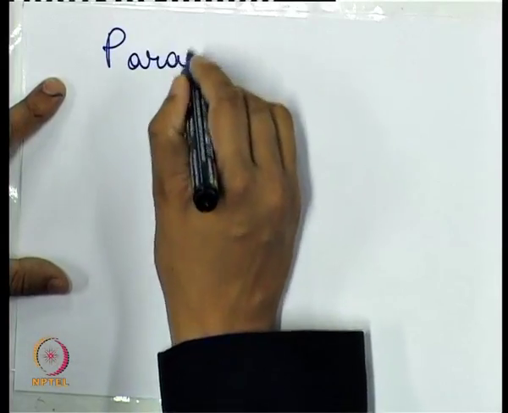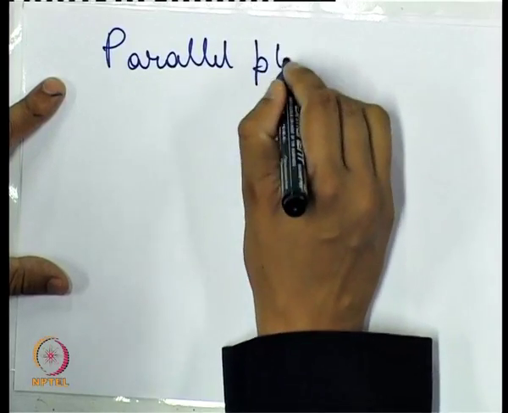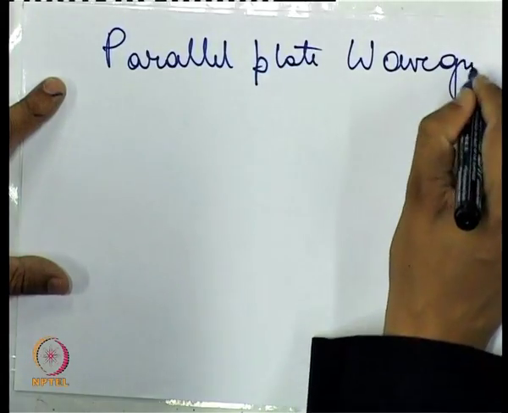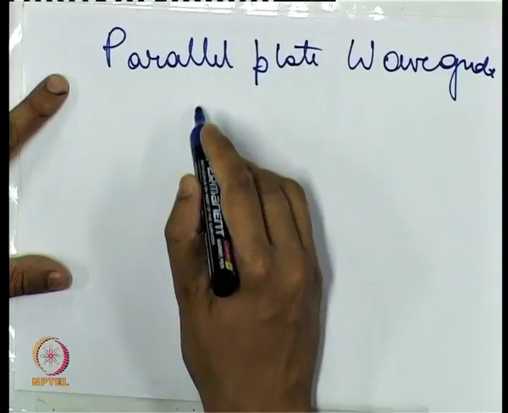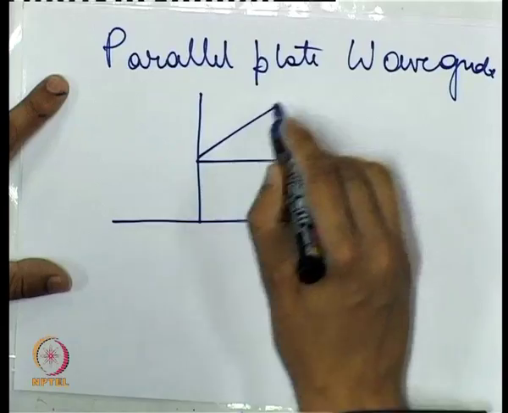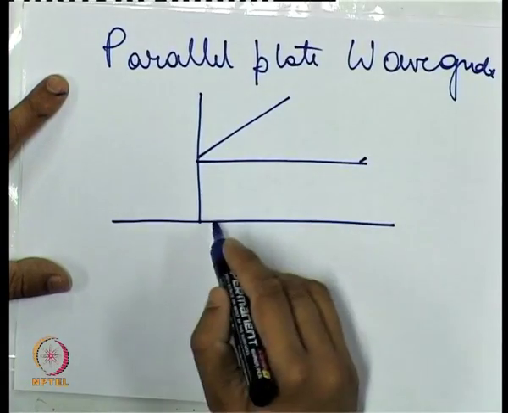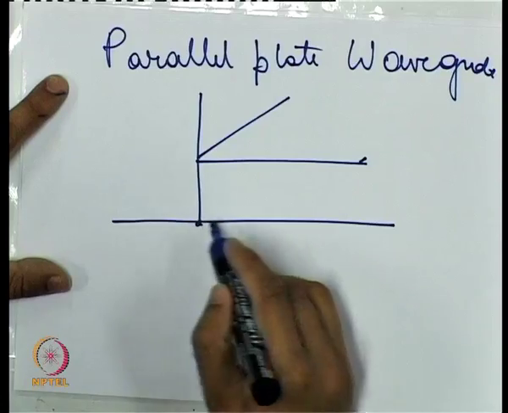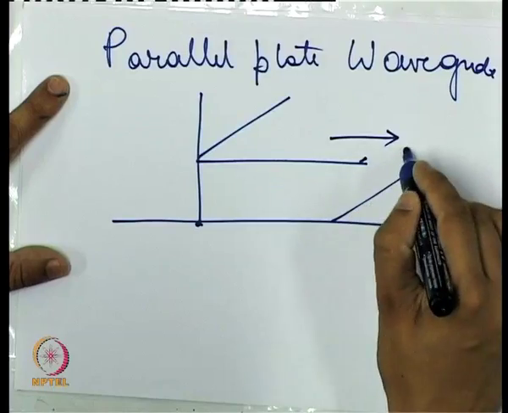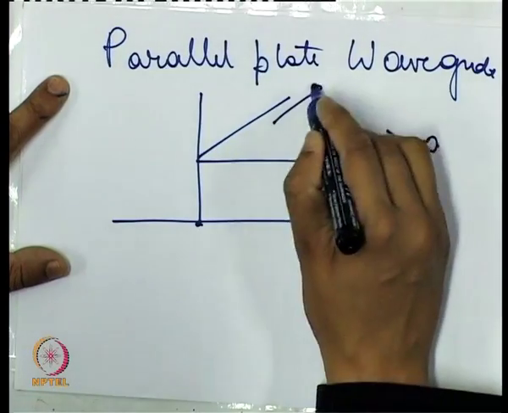Now, an interesting example of a waveguide is what is known as a parallel plate waveguide. A parallel plate waveguide has two parallel plates, and these plates are infinitely long and infinitely wide.